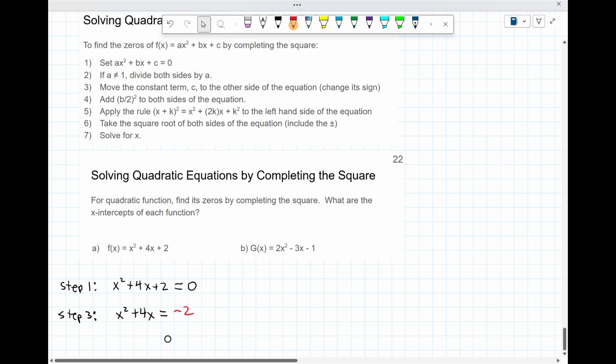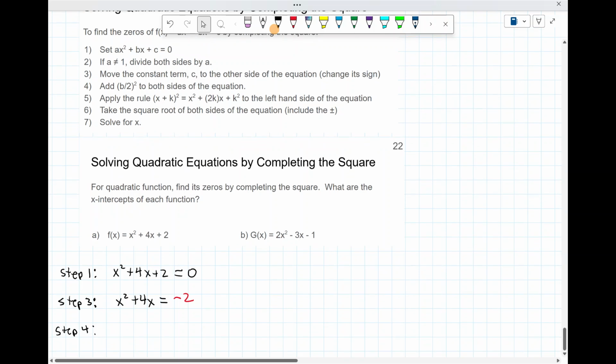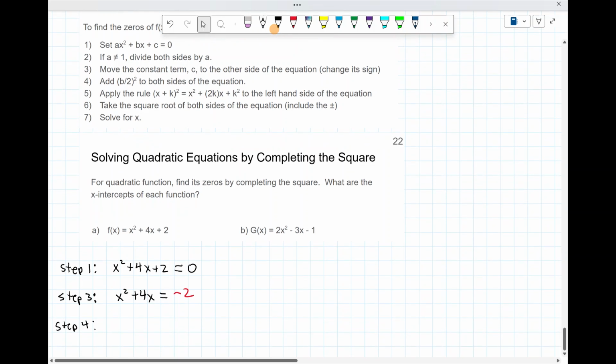All right, step 4, we're going to add b divided by 2 squared to both sides of the equation. So first we have to identify what b is. b is equal to 4, which means that b divided by 2 is equal to 2, which means I just square that number and I get the number that I'm looking for.